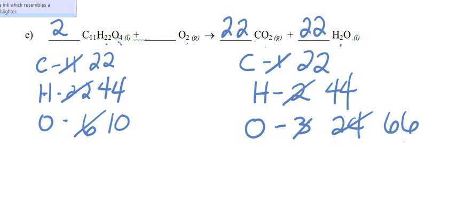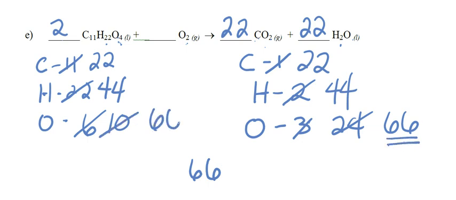All right, here's what we have. We have 66 oxygens that we have to have on both sides. So when we get done, we're going to have 66 here. However, in the first part of this problem, we have 8 of them in the C11H22O4.